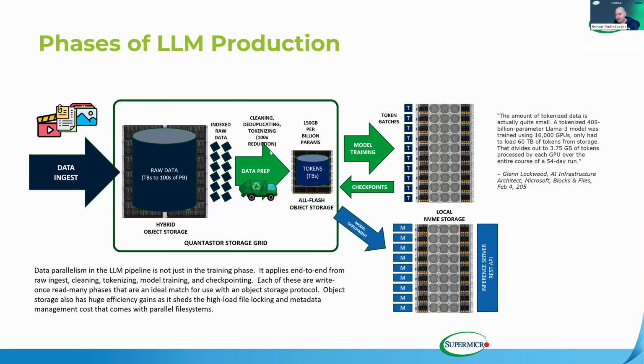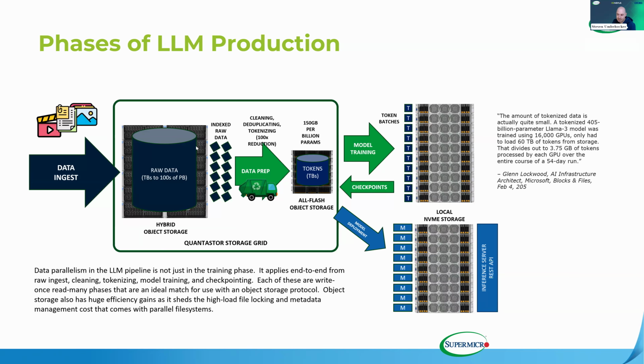In the next phase, you're going to take that data and turn it into tokens and produce the embeddings. There's a huge amount of cleaning and deduplication that happens in that phase, and so your 100 petabytes will reduce down to maybe 1 petabyte or 100 terabytes in that process. So there's this massive reduction.